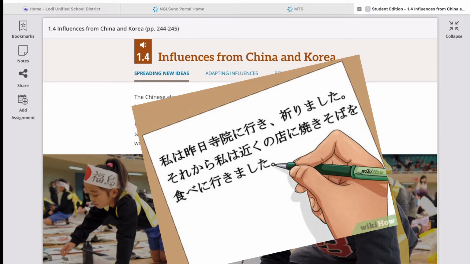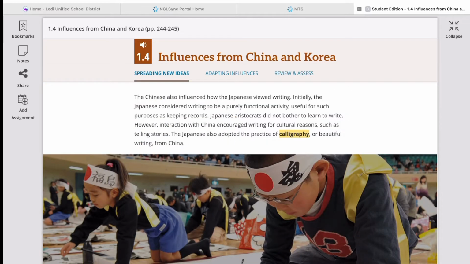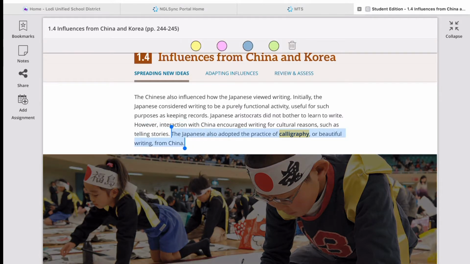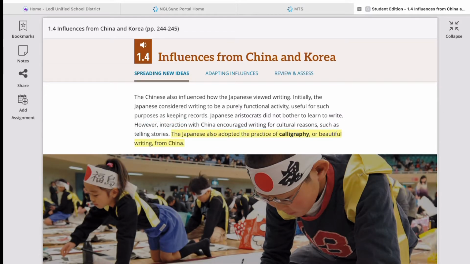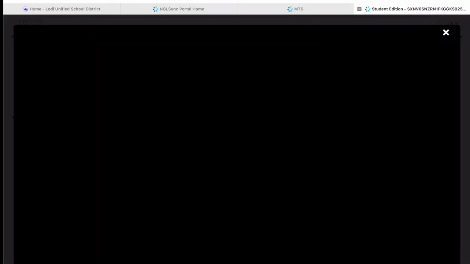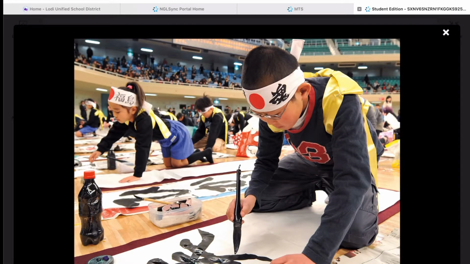However, the interaction with China encouraged writing for cultural reasons. As a result, writing became so popular in Japan that it became an art called calligraphy. In your book, you'll see a picture of students performing the art of calligraphy. They are participating in an annual calligraphy contest in Tokyo.